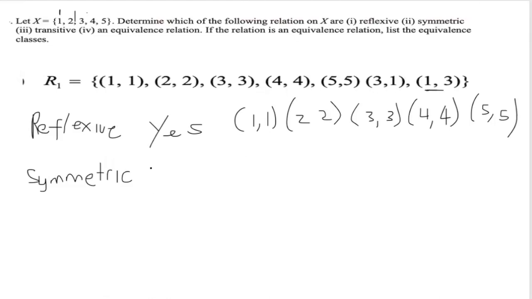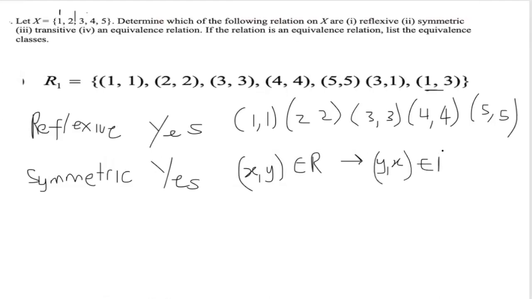So because everything that we flip, we're seeing in the relation, then yes, it is symmetric, because when we have a pair that's in the relation and we flip that pair, we're also seeing this pair in the relation. So therefore it is symmetric.